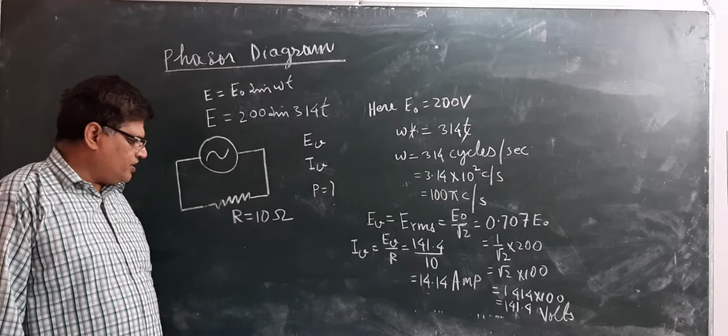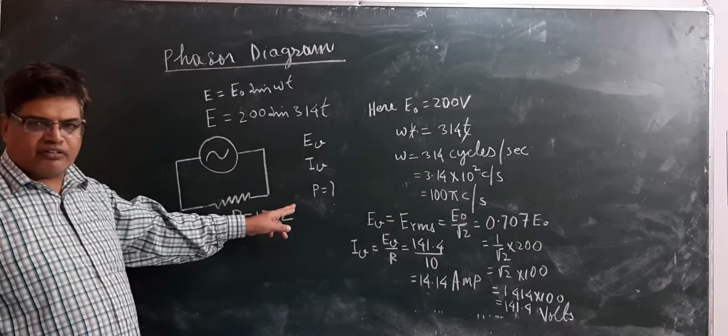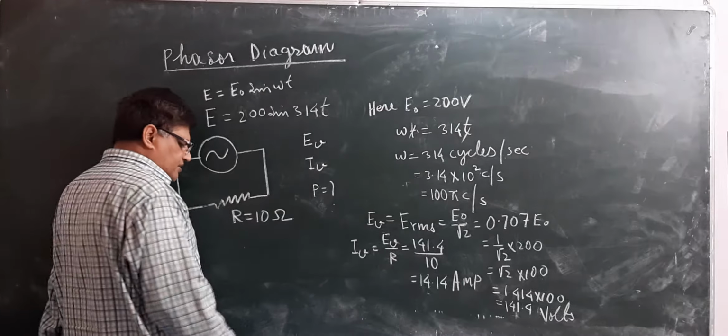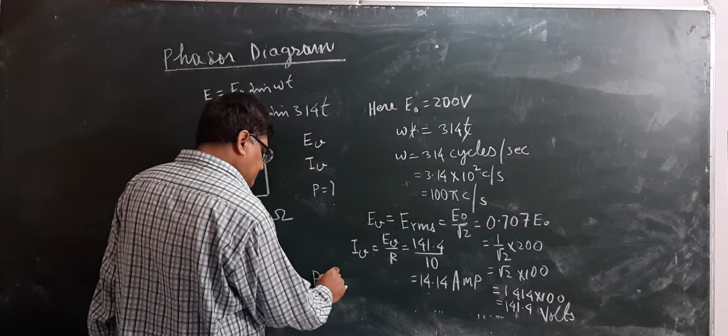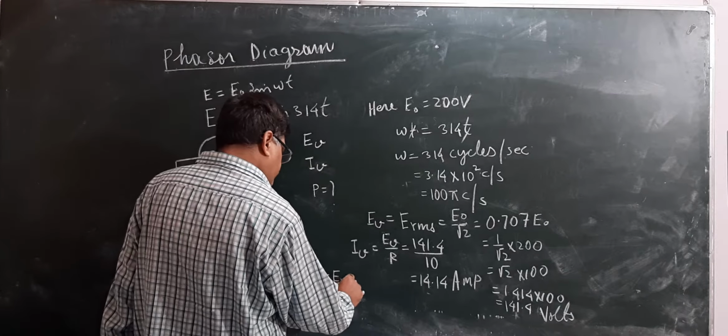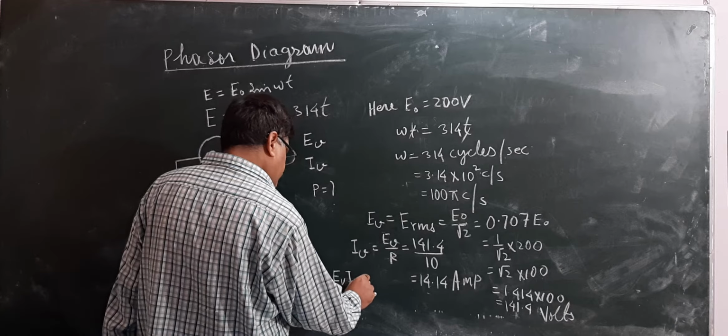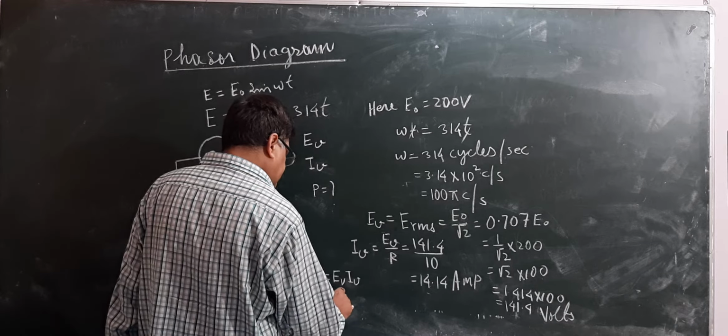Next, we are required to find out the power dissipated. Power dissipated can be written as EV multiplied by IV. So multiply these two.